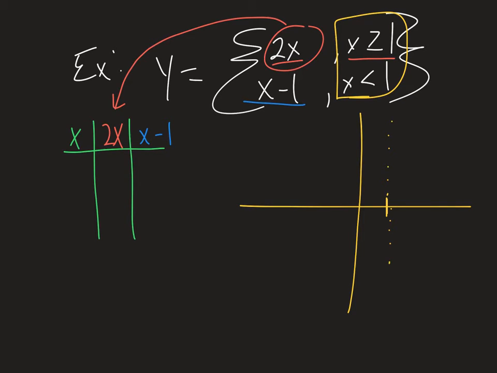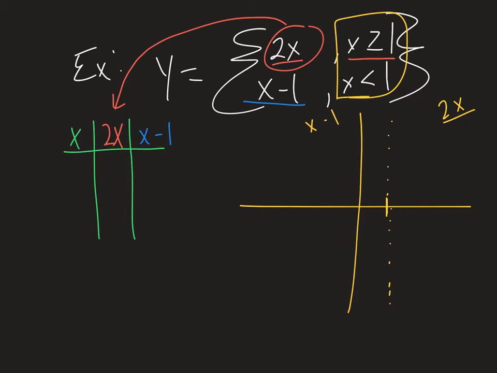So I tend to draw just a vertical line for myself. If I was to just graph 2x, 2x is going to be over here. So if I just cut it off at 1 and laid it over a graph of x minus 1, that's essentially what I'm doing. And there might be a bit of a jump or a bounce or something, but that's okay.